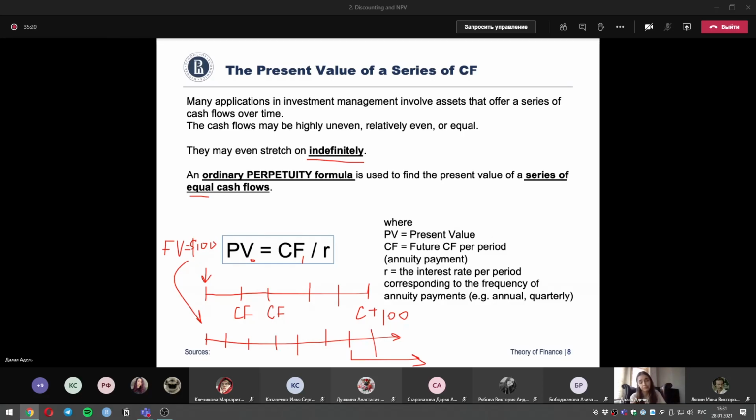To see how these bonds work in practice, you can look at the Russian debt market. VTB Bank had some issues of perpetual bonds.